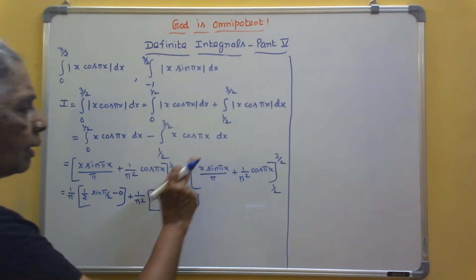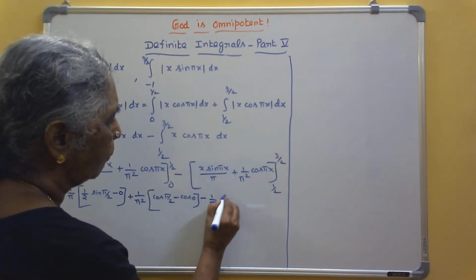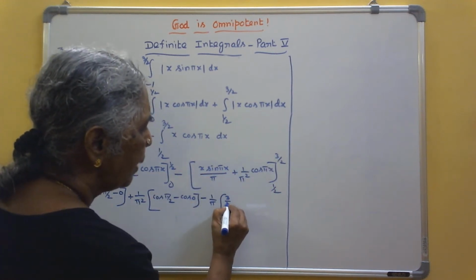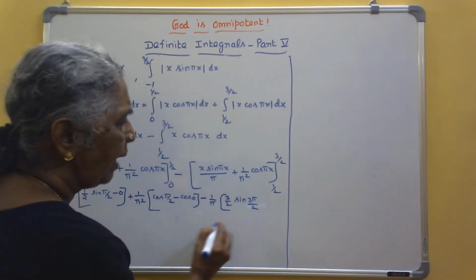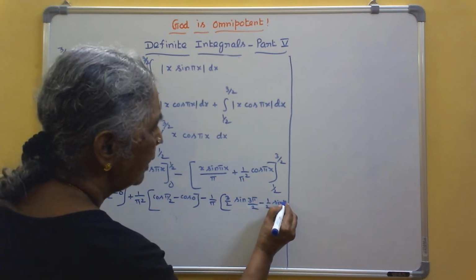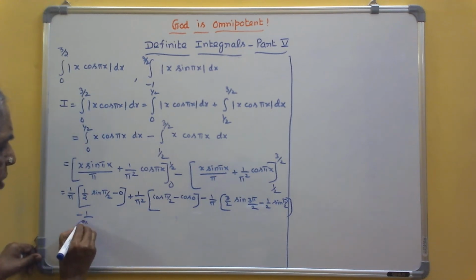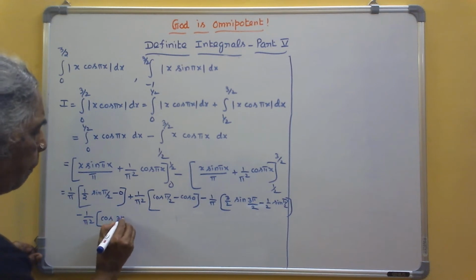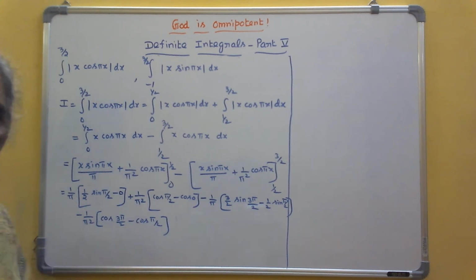Then there is one minus that will apply for both, so minus 1 by pi. You have got x sin pi x. First the upper limit will be 3 by 2 sin 3 pi by 2, minus the lower limit 1 by 2 sin pi by 2. Coming to the next term, that is also minus 1 by pi squared into cos 3 pi by 2 minus cos pi by 2.